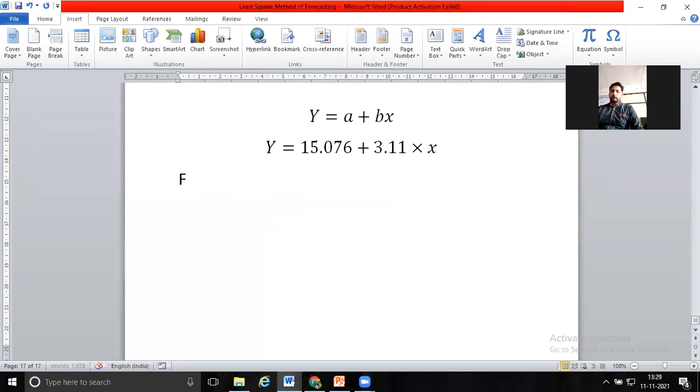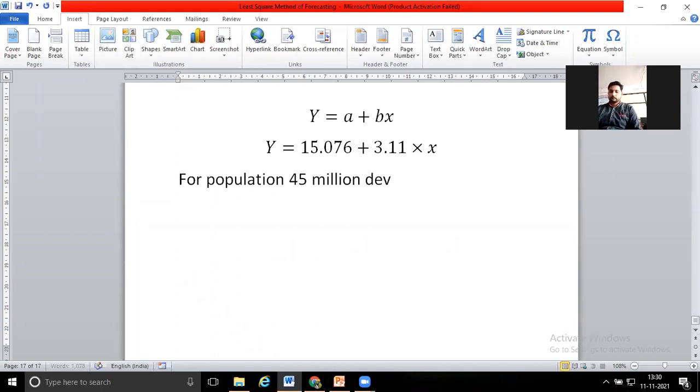So for population 45 million, deviation equal to 45.